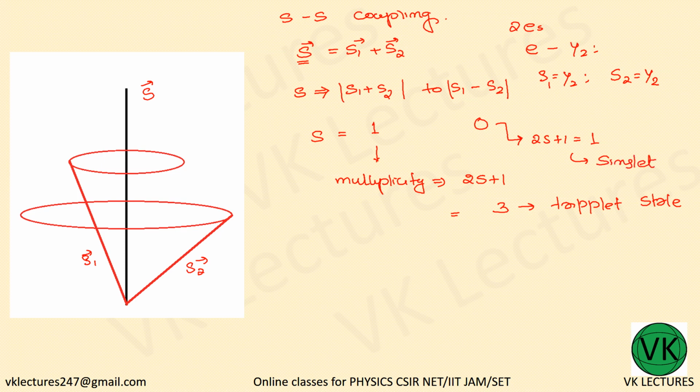So if the number of electrons is even, it will produce odd multiplicity, while if the electrons are odd, it will create even multiplicity.